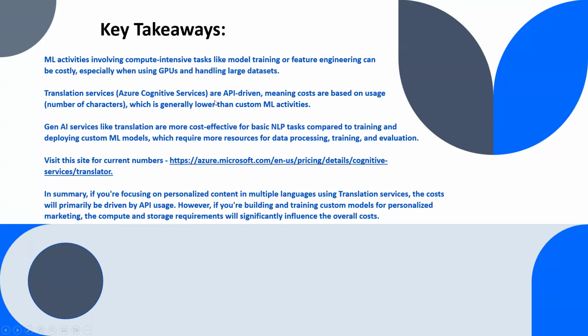Translation services are API driven, meaning costs are based on usage, number of characters, which is generally lower than custom ML activities. Gen AI services like translation are more cost effective for basic NLP tasks compared to training and deploying custom ML models, which require more resources for data preprocessing, training, and evaluation.